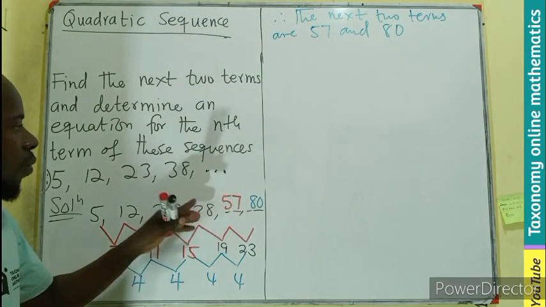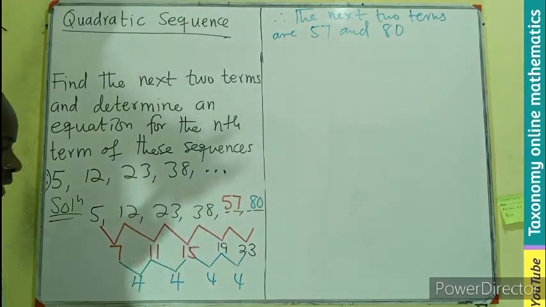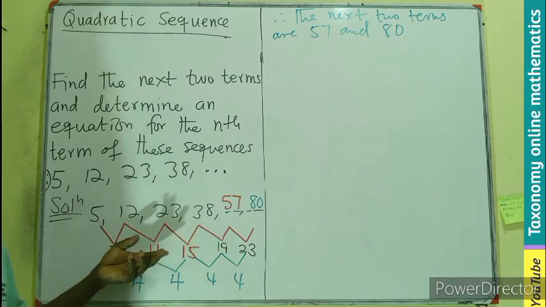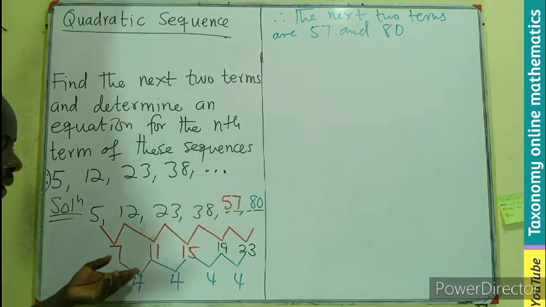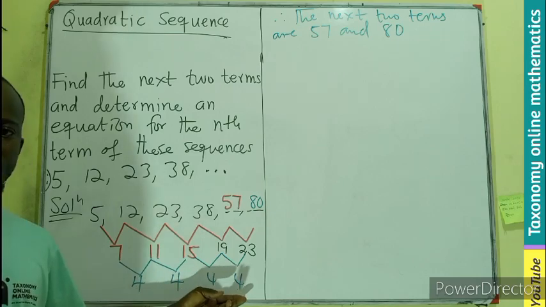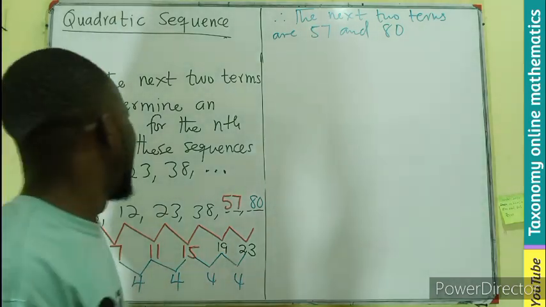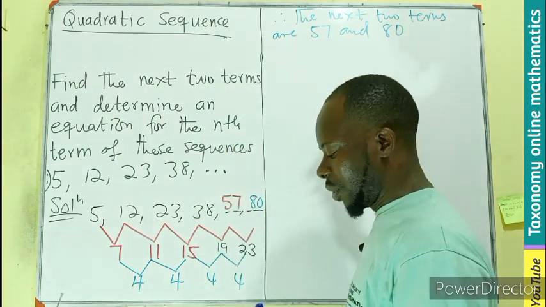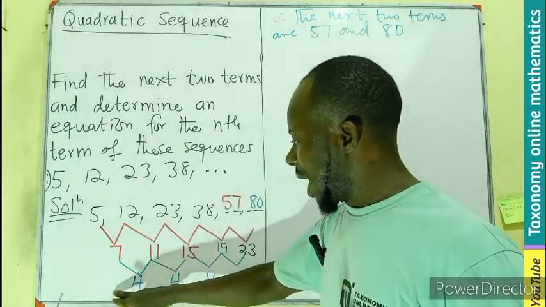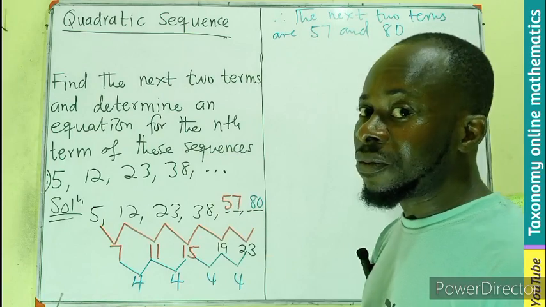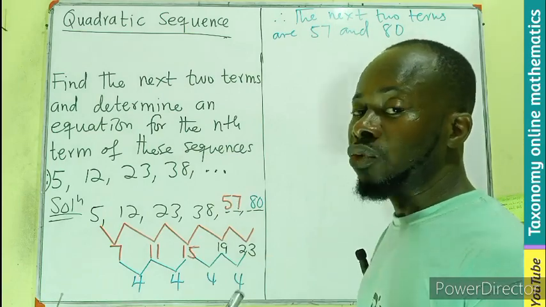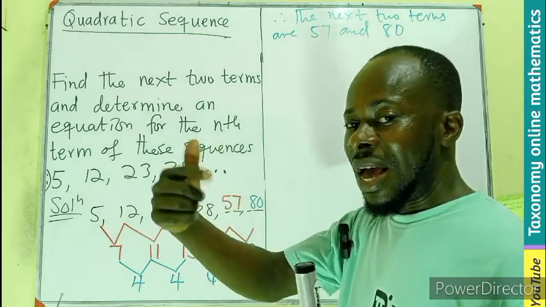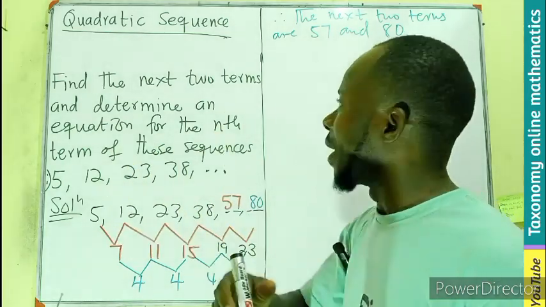Meaning if we want to continue this sequence, looking at how the difference, the first difference will always give you an AP, which is an arithmetic sequence. Then you have your common difference. All right. Now, in order to generate the formula for the nth term, we mentioned that the second common difference is always equal to 2a, where a stands for the first coefficient of n squared.